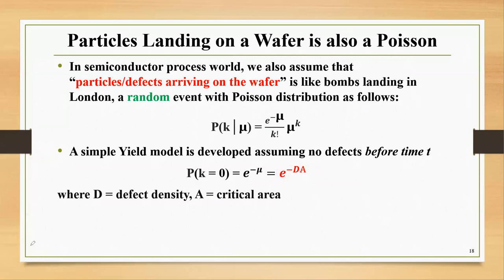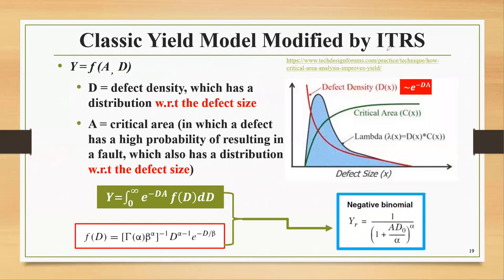Of course, that's not going to fit real life either, right? So ITRS came out with different ideas, and then they started to analyze more and came out with this idea. We could use this graph to describe it. The defect density, we know, right? It's exponential. That's what we assume here. But the critical area as a function of defect size is something like saturated.